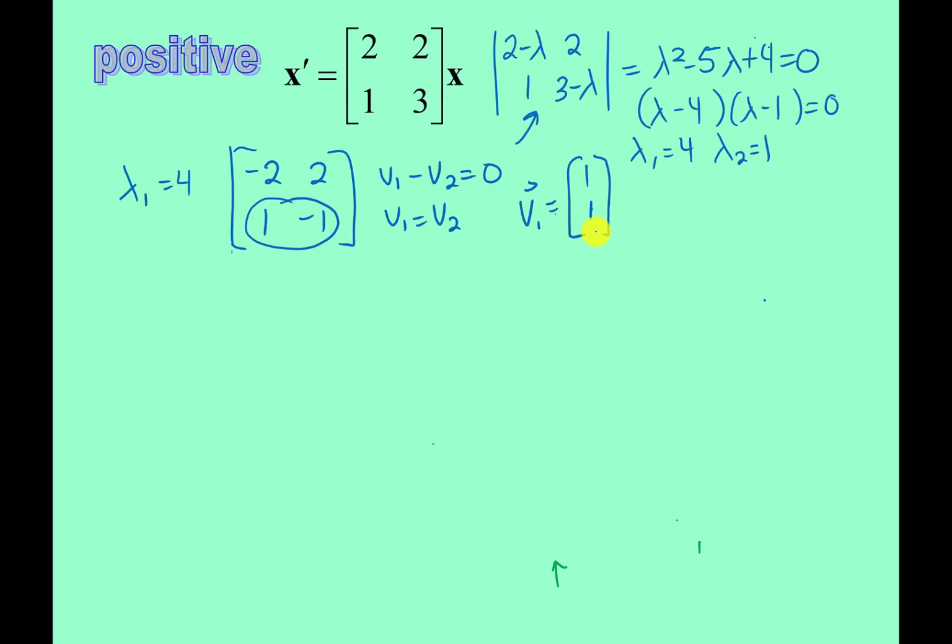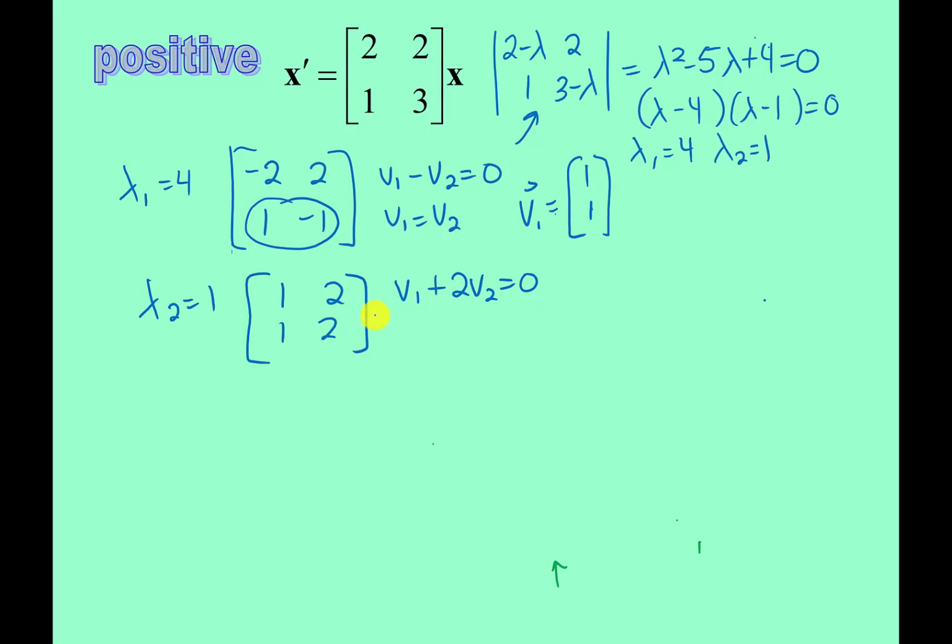All right, so let's take the second eigenvalue, which was 1. Put it up here in our A minus lambda I. 2 minus 1 is 1. Then we got 2. Then we got 1. 3 minus 1 is 2. You can definitely see the dependency there. Let's put the variables back in. v1 plus 2 v2 will equal 0.